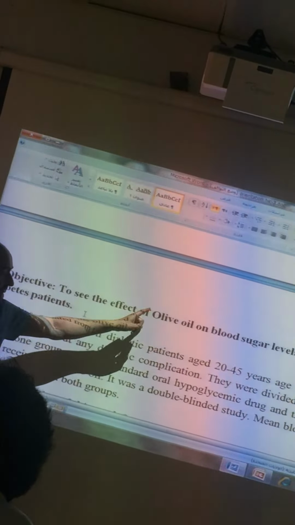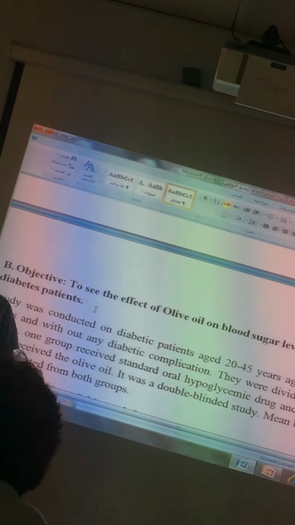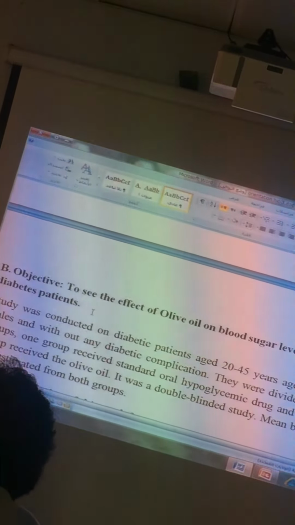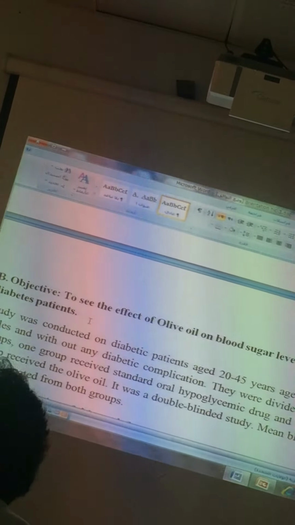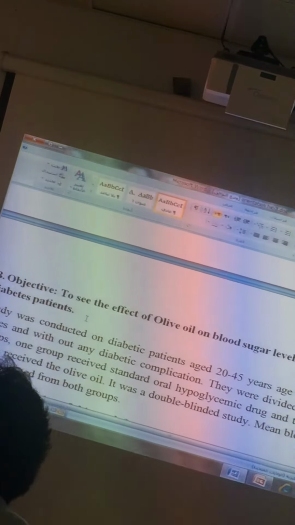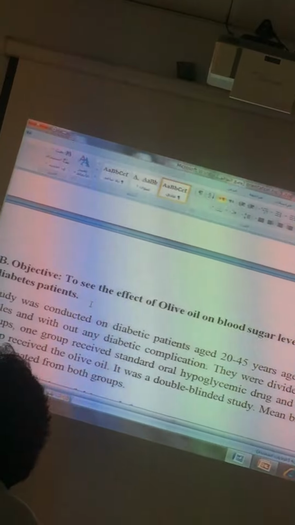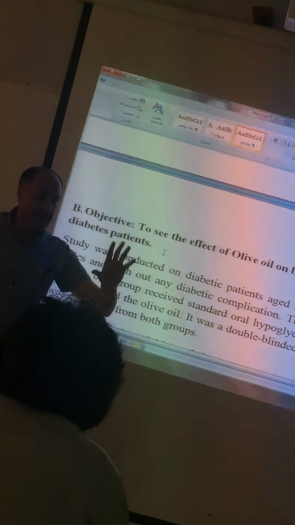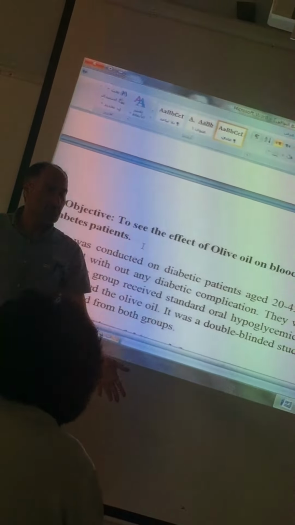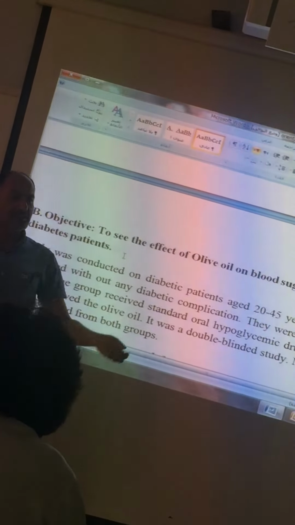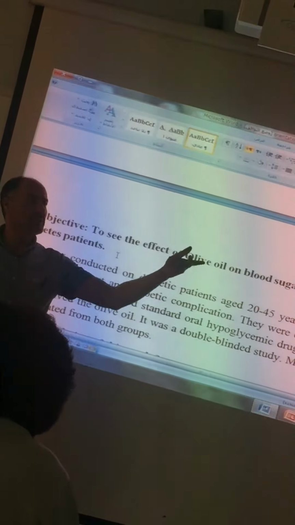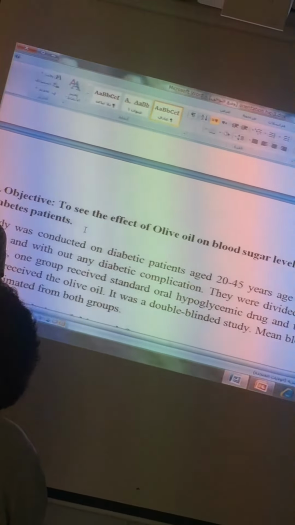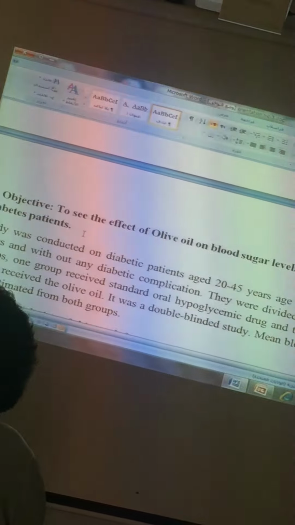So when we are using this olive oil, this will become my experimental group. This group will be the control group, who are already on the previous drug. So they will be called the control group. If I have another group who do not receive this drug, but receive only some vitamins, so they are not receiving the drug for blood sugar, they are receiving some other tablets, what is that group called?